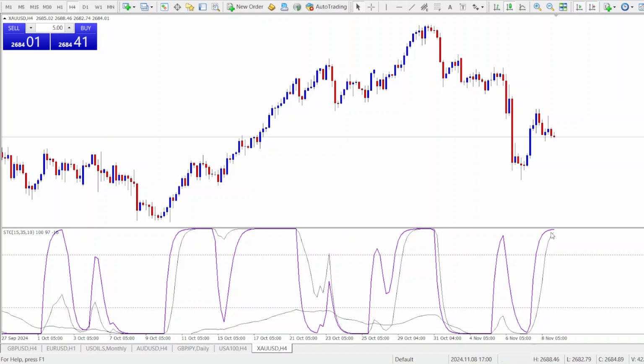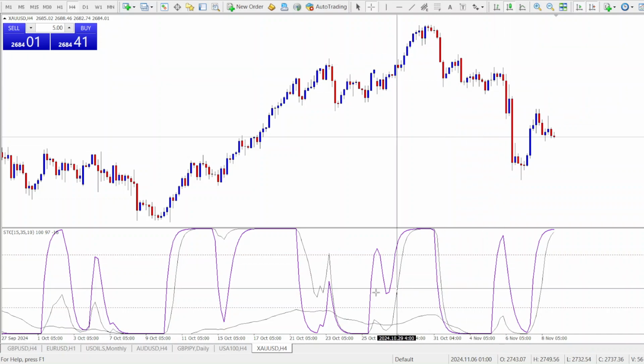So when the purple line crosses below the black from the overbought territory, as we can see what happened here, that gives you a sell signal. When you have both of them dropping down from the overbought territory, you have a sell signal confirmation. However, the sell signal is already given right from the crossover while the indicator is still within the overbought zone.